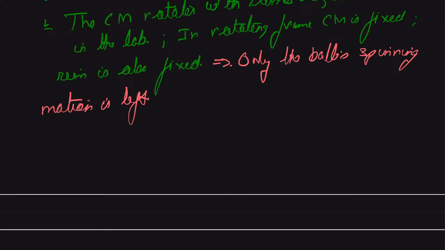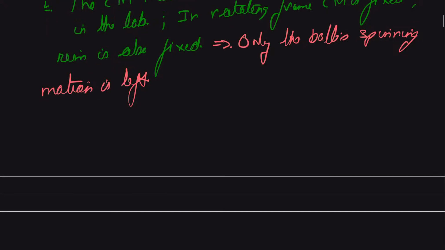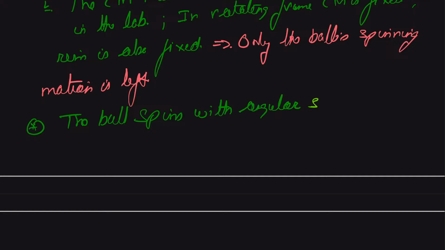Now the second thing we are given, therefore we can write that the ball spins with angular speed, and let us suppose the angular speed is given as omega naught.